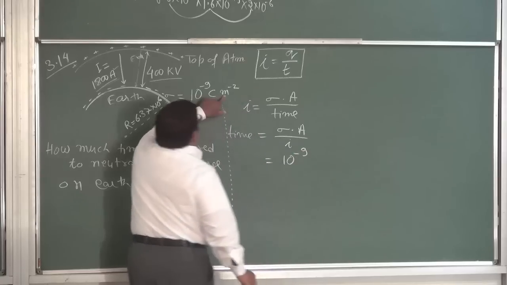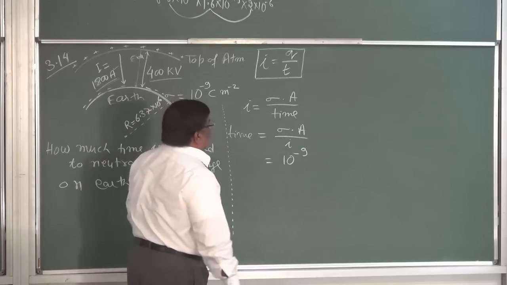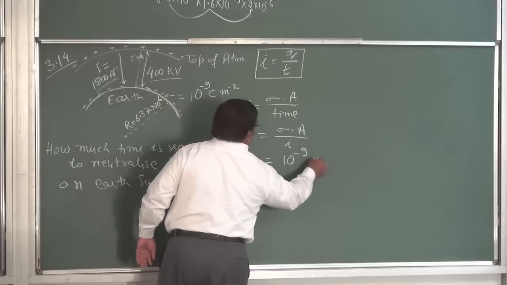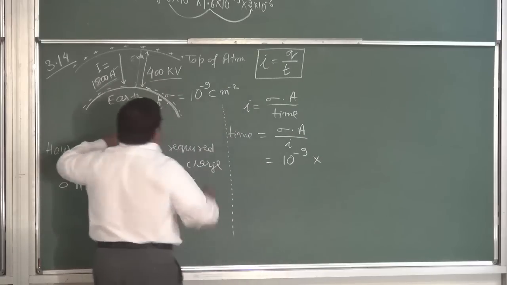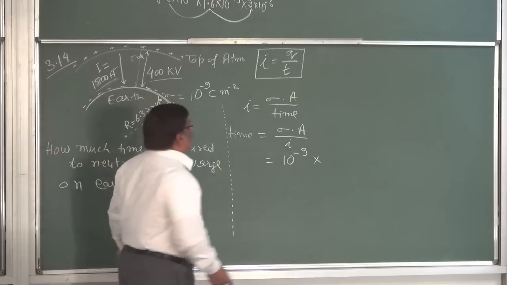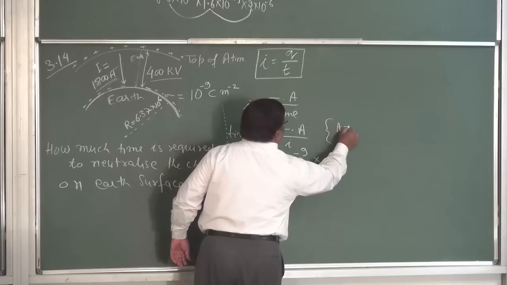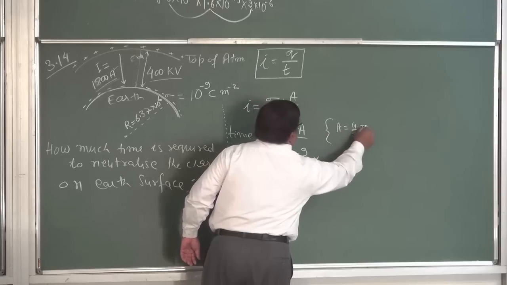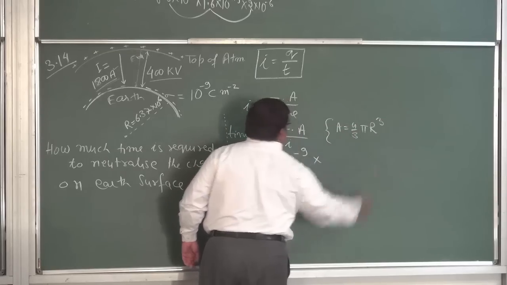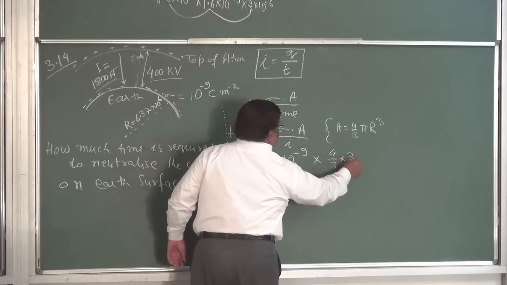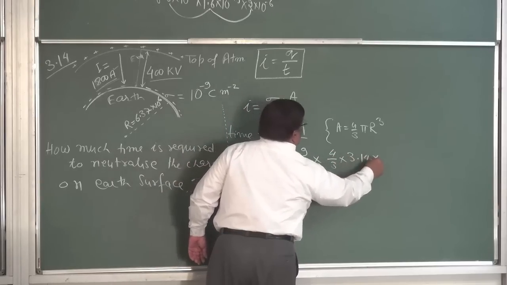This is coulomb per meter square. Already in SI system we don't have to do any change. Area of the earth surface, the area is, we know area is 4 upon 3 pi r cube.